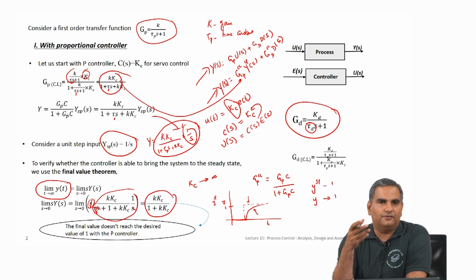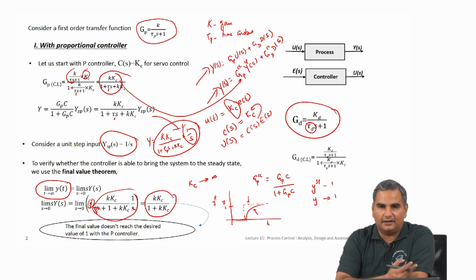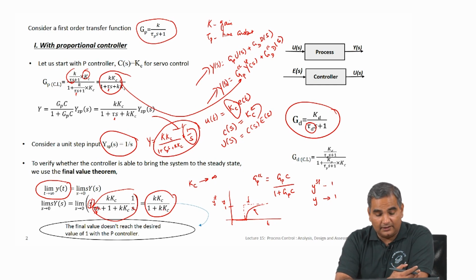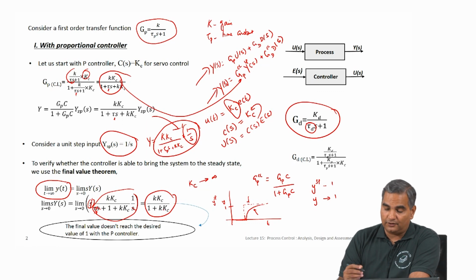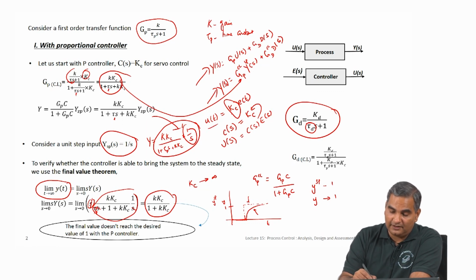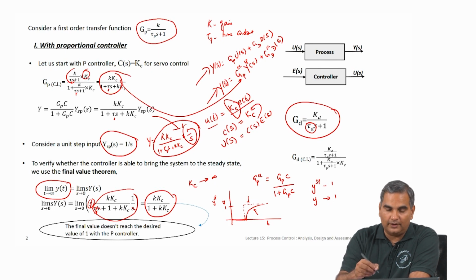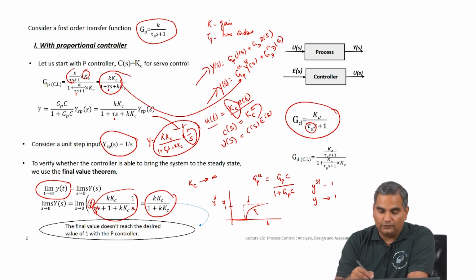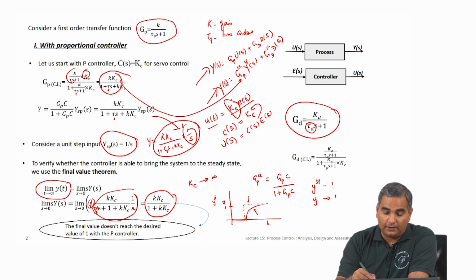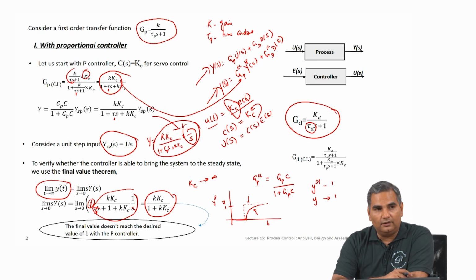But the problem with making Kc larger and larger, as I mentioned in the last class, is that you will take unnecessarily large control moves, because for a small error, remember this, u(t) is Kc times e(t). For a small error, if Kc is very large, your u(t) is very large. So you do not want to do it. Even if you have a minute error, your u(t) will simply shoot up, which first is not a good idea for control, and number 2, it might not be physically possible.